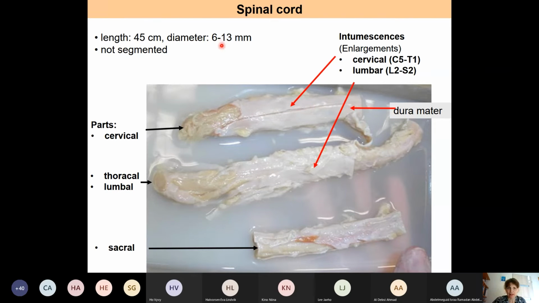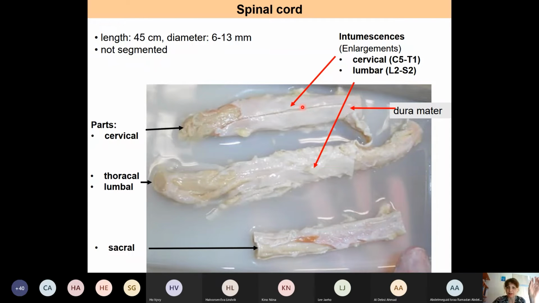As I mentioned, the diameter varies because in the cervical and in the thoracolumbar, or lumbosacral I would say, parts, we have enlargements of the spinal cord. These are called intumescences. The cervical one extends from C5 to T1 and the lumbosacral from L2 to S2.